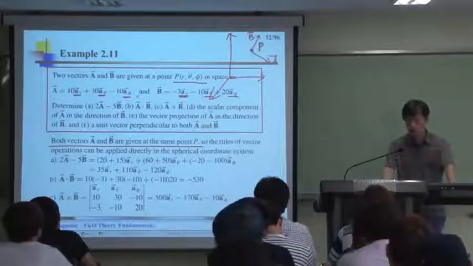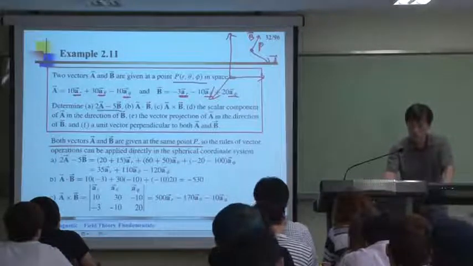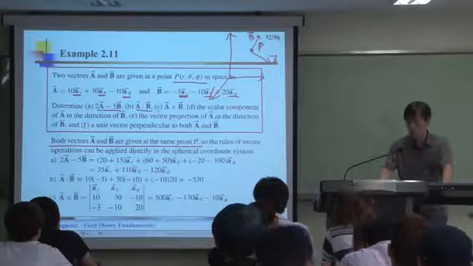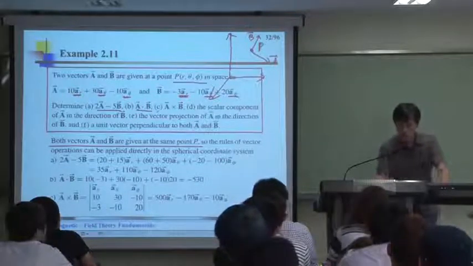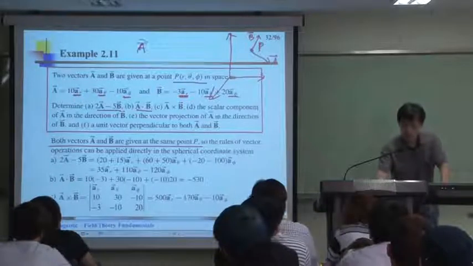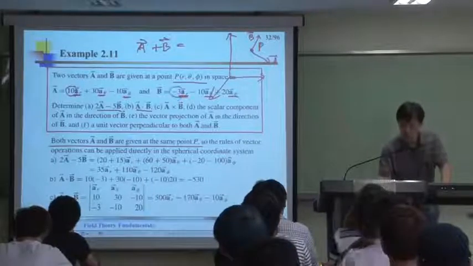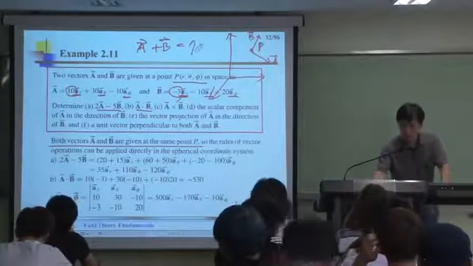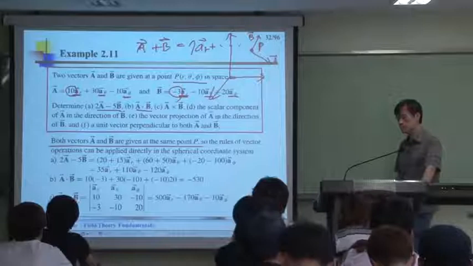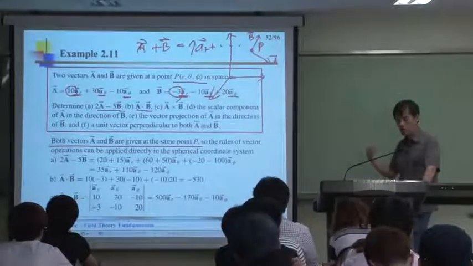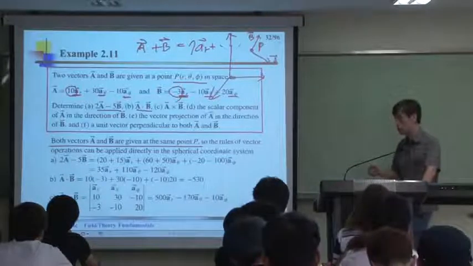And then we can do the calculation directly, like in rectangular coordinates. For example, A vector plus B vector can be directly added. 10 minus 3, so 7 A R. In this way, we can do it. So in this case, the A R, A theta, A phi doesn't need to be changed into X, Y, Z.